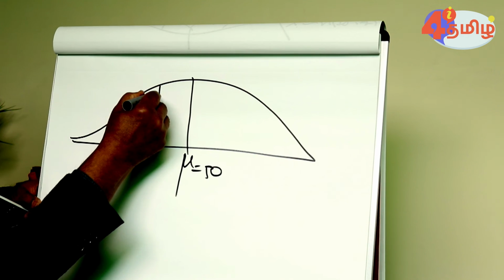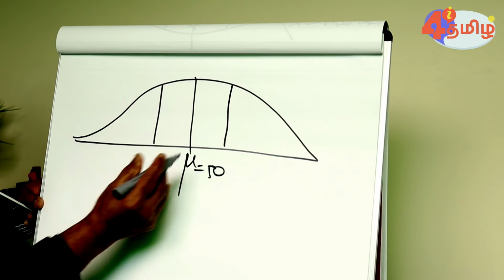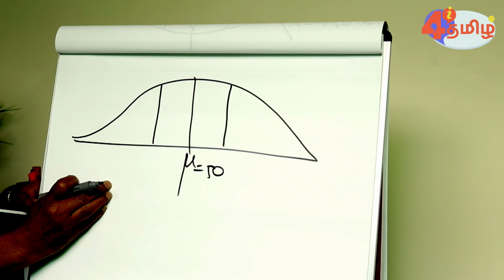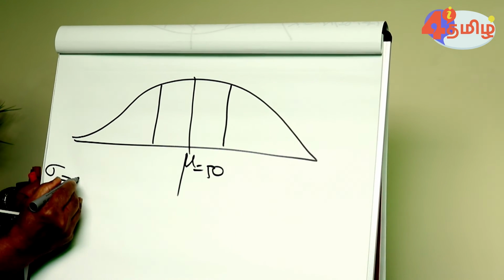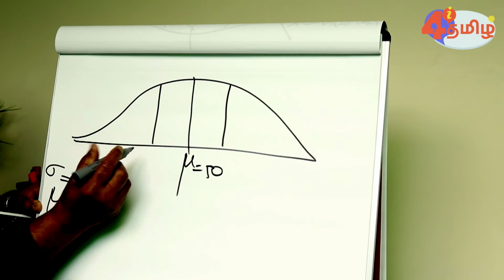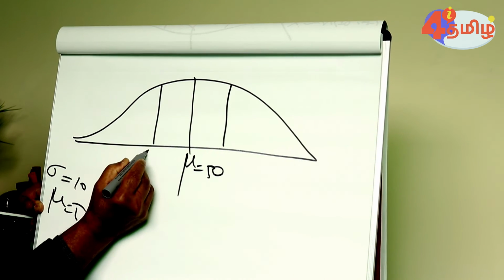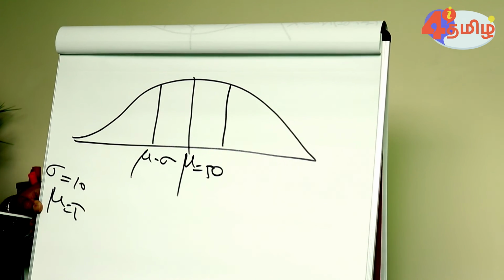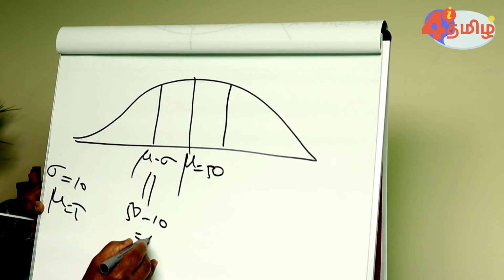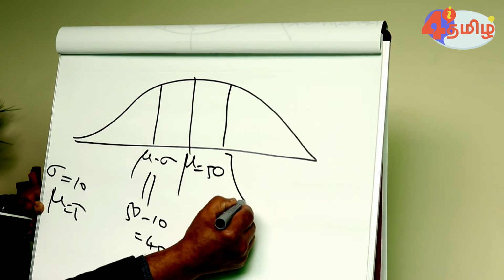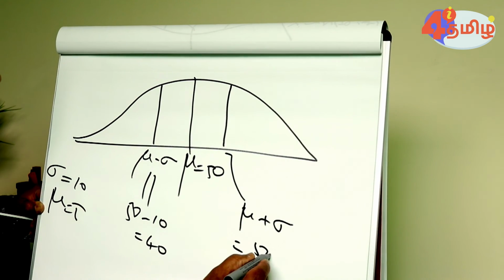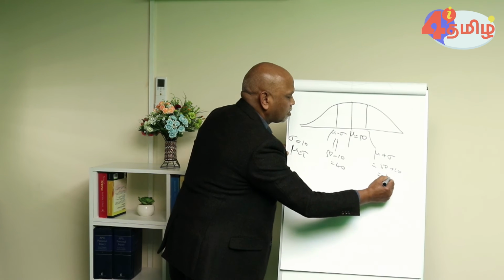If I mark a line one standard deviation less than mu, we know standard deviation is 10 and mu is 50. This one I'm going to mark as mu minus standard deviation, which is 50 minus 10 equals 40. And this side mu plus standard deviation, that is 50 plus 10 equals 60.